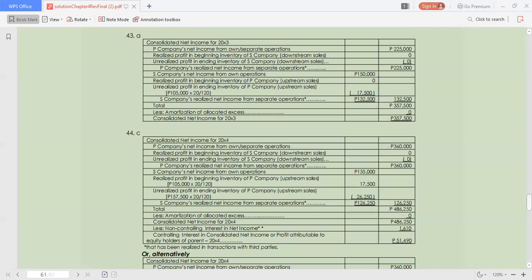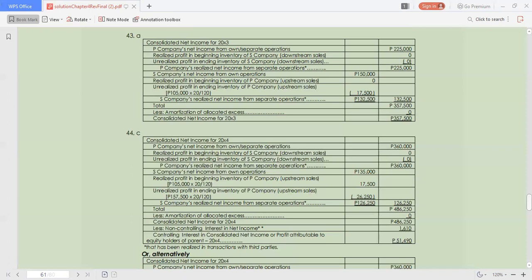So we have now the amount of the consolidated net income for 20x4 in number 44. The answer is 486,250. In number 44, the consolidated net income is 486,250. Actually, it's given as the consolidated net income.